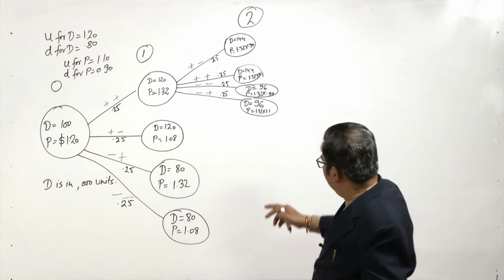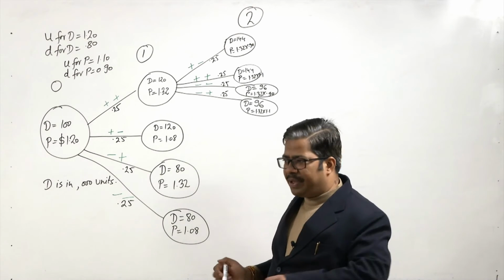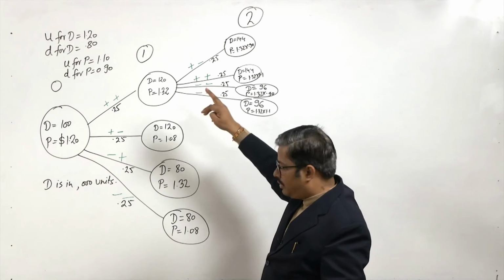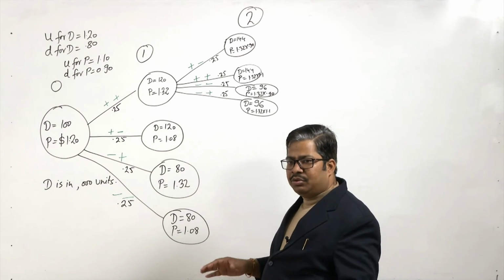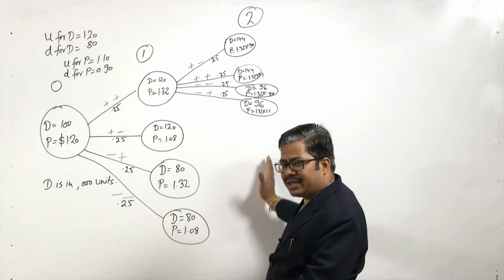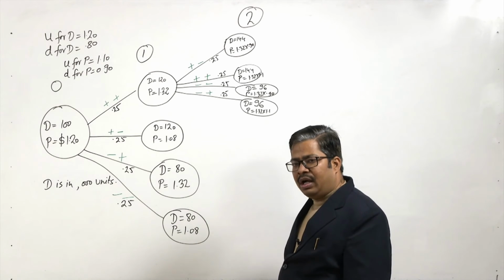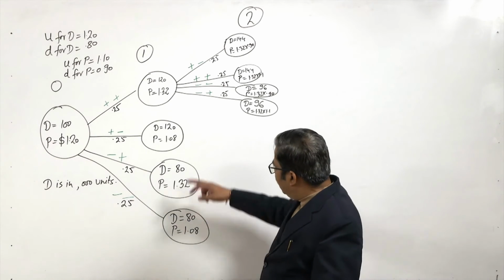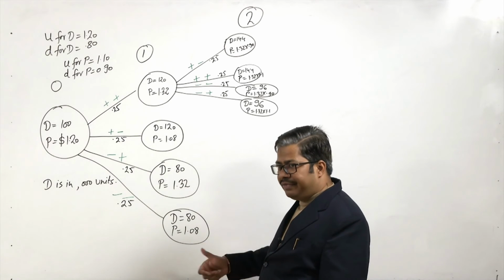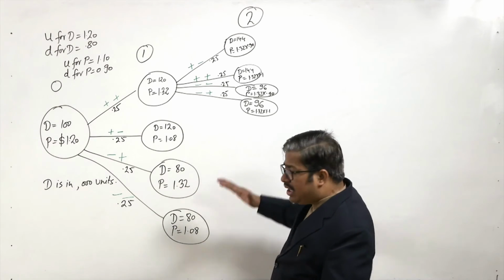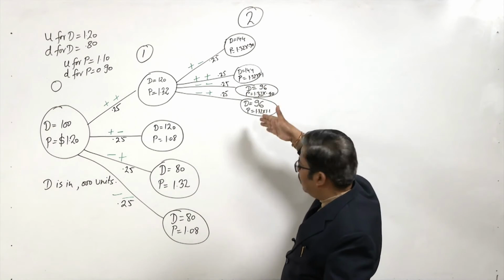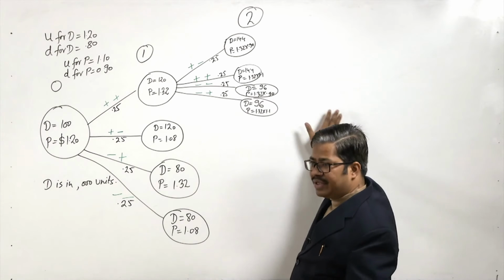I request my participants that for the remaining 3 states of period 1, you can develop similar states for period 2. And when you develop states for these 3 states, many of those successive states will be common with the ones we get in this discussion.